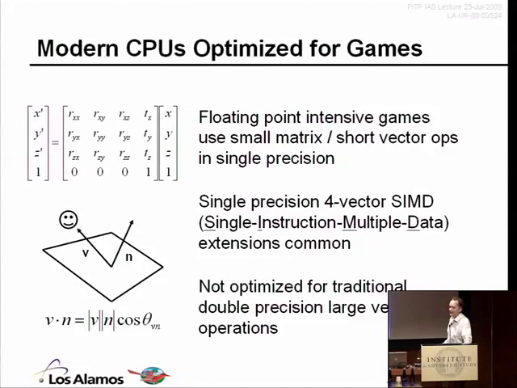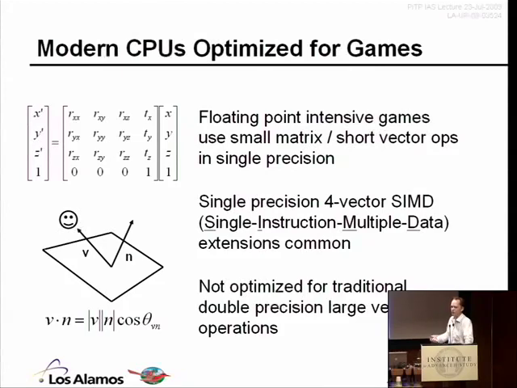The first is that they aren't designed for high-performance scientific computing. Modern CPUs are optimized for games. A video game uses floating-point intensive, small matrix, short vector operations in single precision. As a result, these processors support SIMD, but it's usually single precision SIMD, usually 4 vectors. It's hard to get double precision to run at full performance on this.